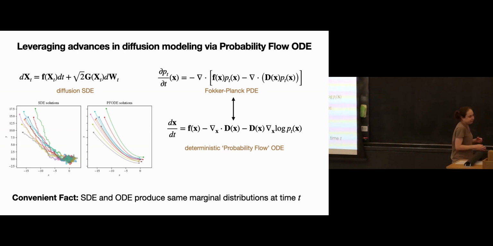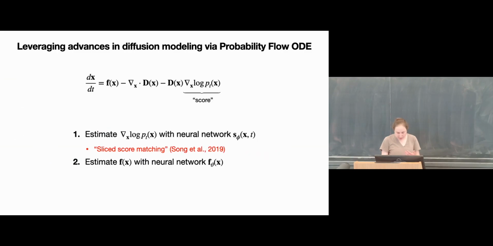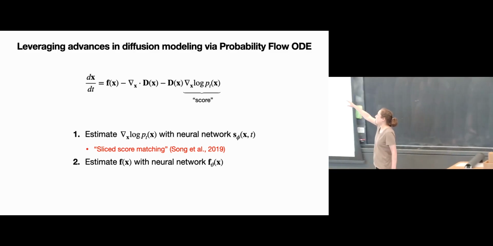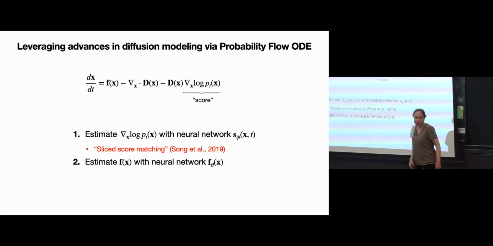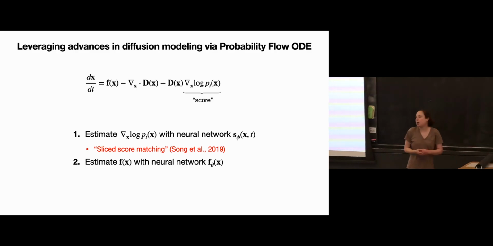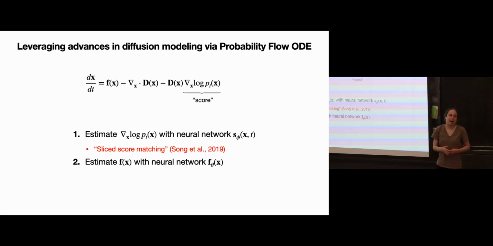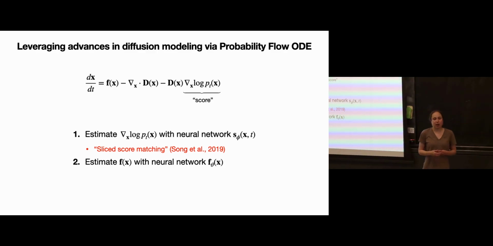The main reason this is now useful is that there was a relatively recent technical breakthrough. This del X of log P of X thing is a kind of weird, fancy object, but people figured out how to estimate it, to get this from empirical data.